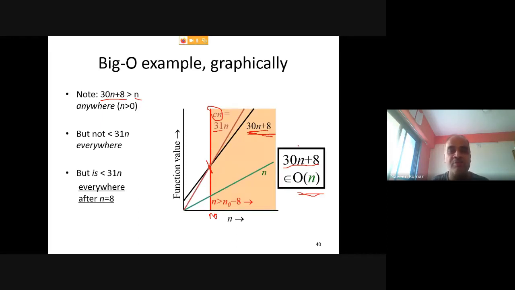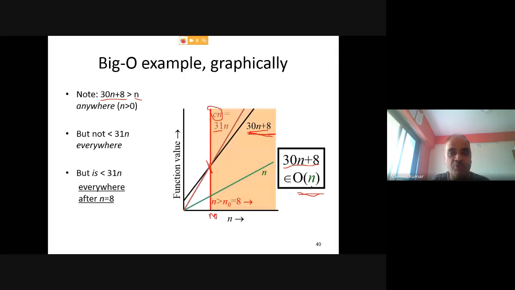30n plus 8 is one of them. For example, it may be, let us say, 25n. There may be a different fn function coming out from a different algorithm that may also map to the same big O of n for different c and n0 values. So there may be many such functions which map to the same big O of n.